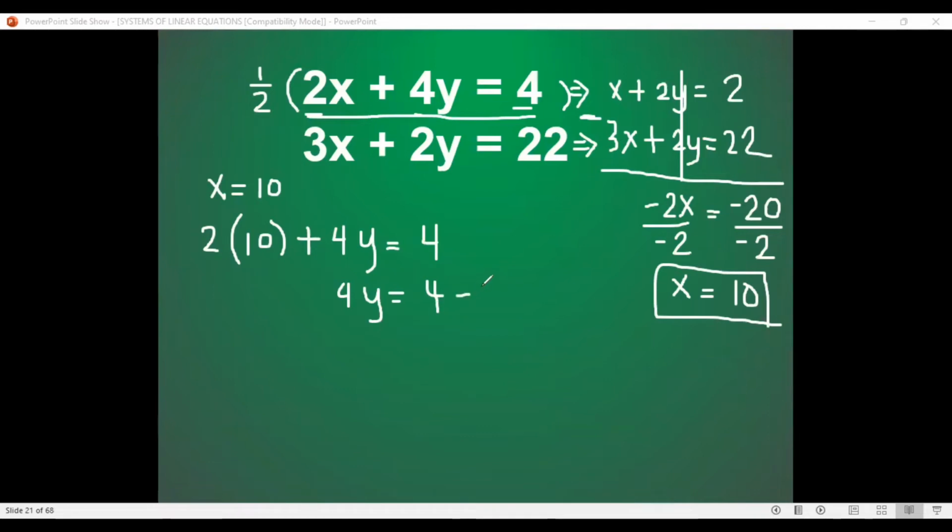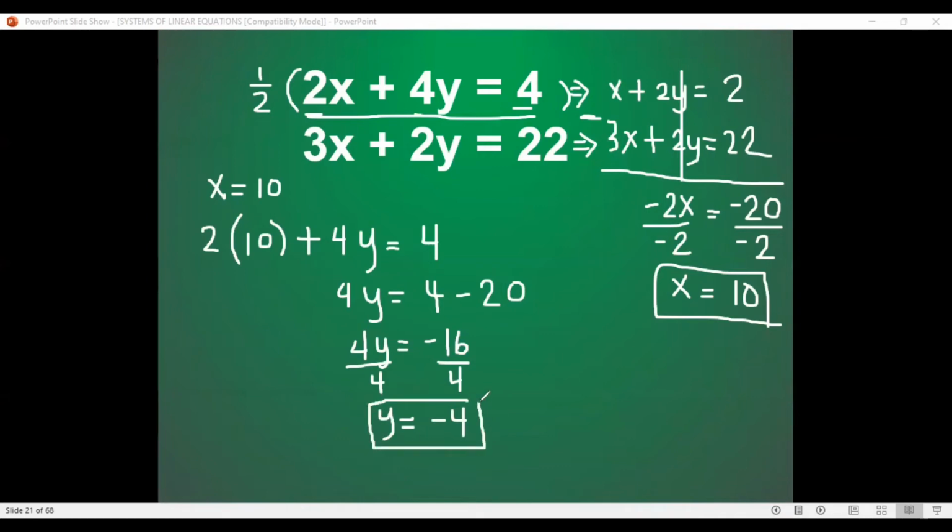So we will have minus 20 on the right side of your equation. So 4y is equivalent to the difference of 4 and 20. 4 minus 20 is negative 16. And of course, you have to divide this by 4. You will now have your value for y, which is negative 16 divided by 4 is equal to negative 4.